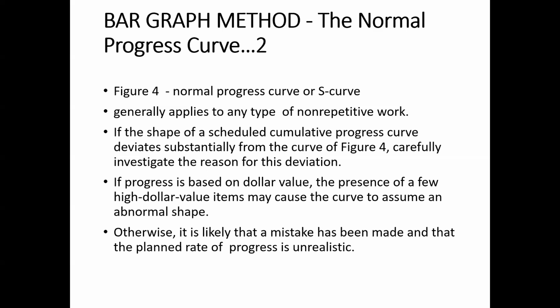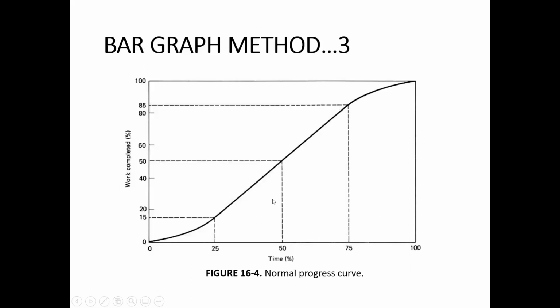Otherwise, if there is no such situation, then we may suspect that there is some mistake, and we need to investigate why the shape of the curve is not in the form of an S curve. Otherwise, it is likely that a mistake has happened and that the planned rate of progress is unrealistic.